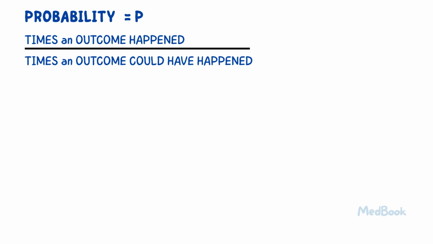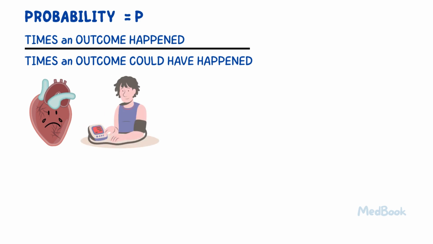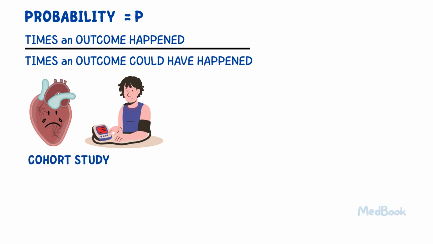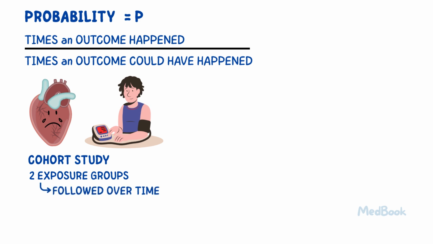For example, let's say we want to figure out the probability of having a heart attack for people with hypertension or high blood pressure. To do this, we could carry out a cohort study, which is where we start with 2 exposure groups and follow them over time to see if they develop a certain outcome.